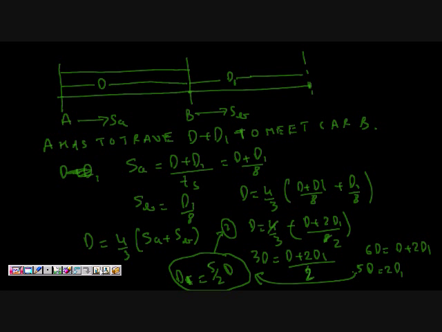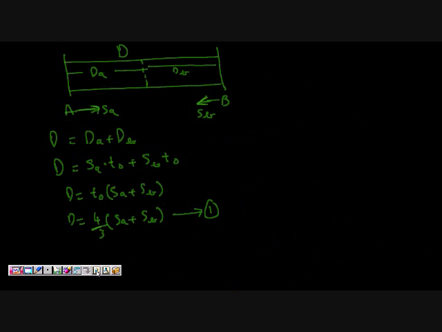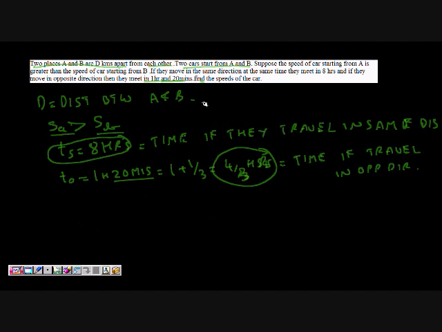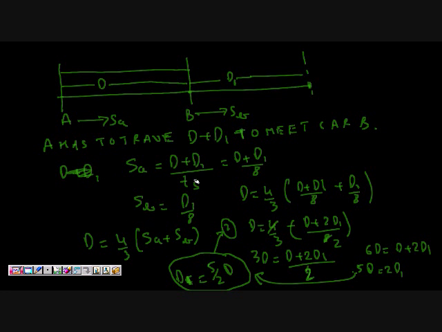Remember the problem, we're supposed to find the speeds of these two cars. So we know that S of A is D plus D1 divided by TS, or D plus D1 divided by 8.